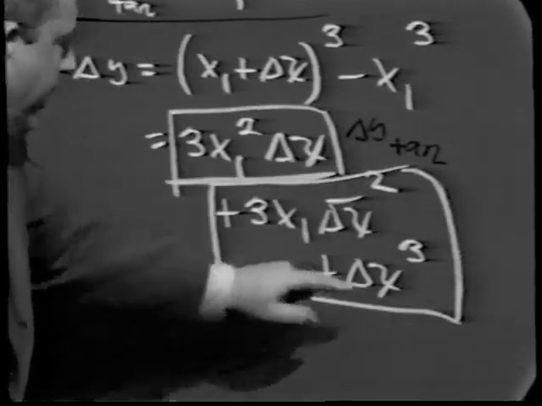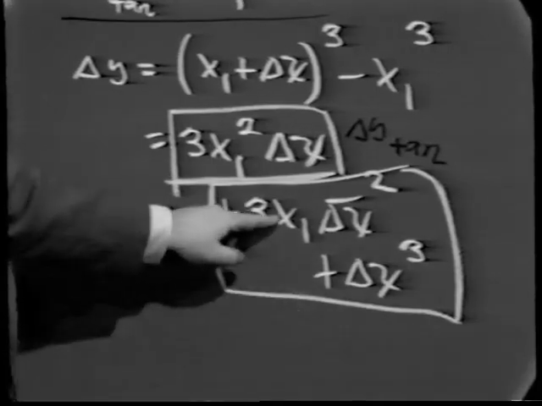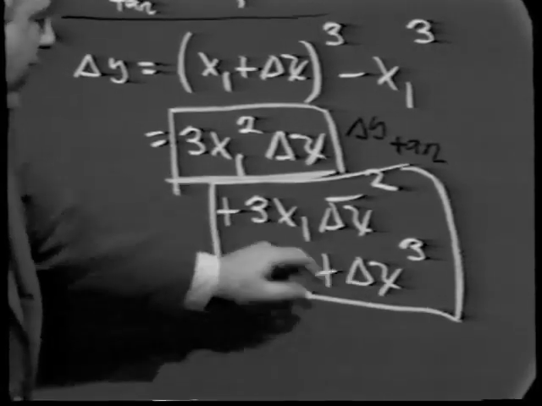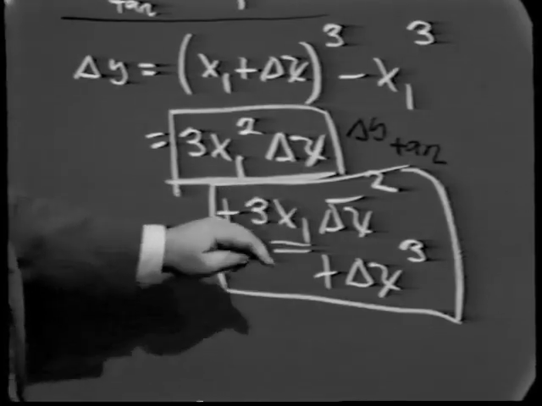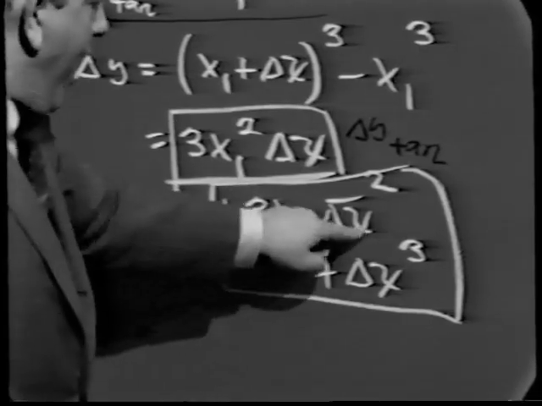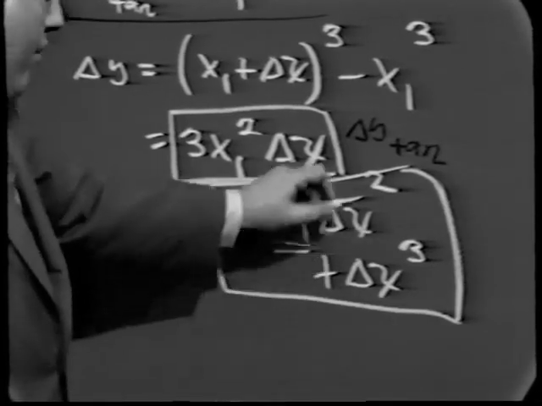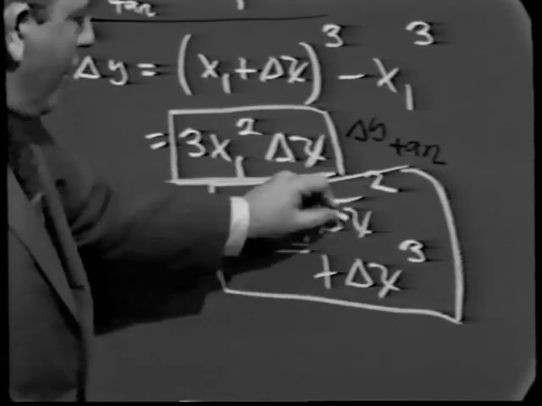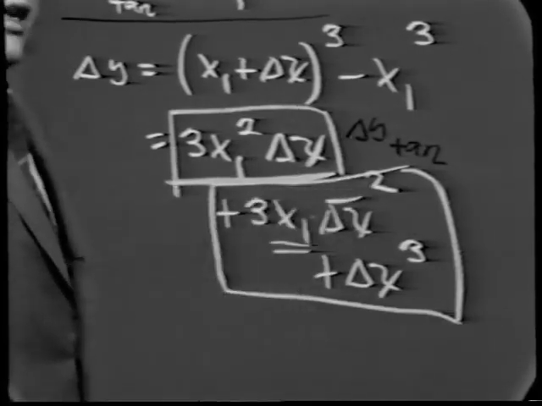And now, if you look at this particular portion over here, observe that as we expected, the size of this thing depends both on where we're measuring, x1, and also on how big the size of the interval is, namely delta x. And notice something that we're going to come back to. Notice that the delta x factor here appears at least to the second power.